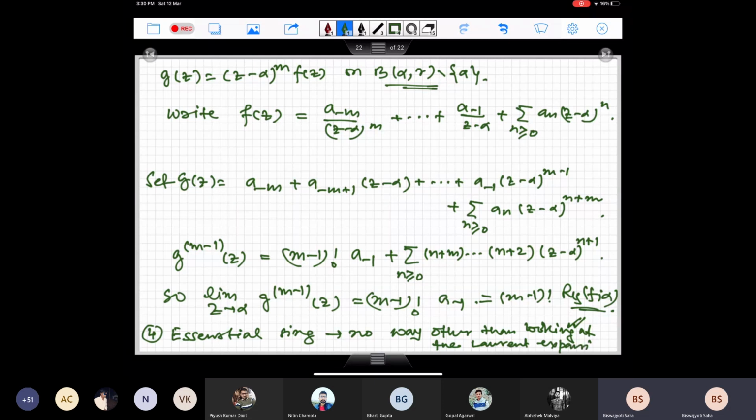You really need the Laurent expansion to know what the residue is. I cannot say anything, because primarily, as you can see, the Laurent expansion is not terminating. So I cannot get hold of any holomorphic function out of that essential singularity. If a function has an essential singularity, I cannot think of any polynomial which I will multiply and make my function holomorphic. I cannot do that. So that's the reason we are stuck over here.